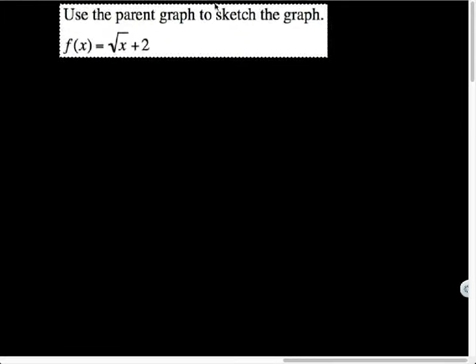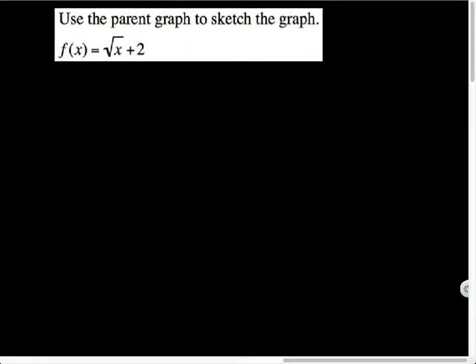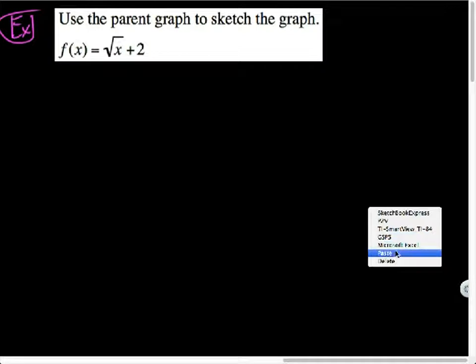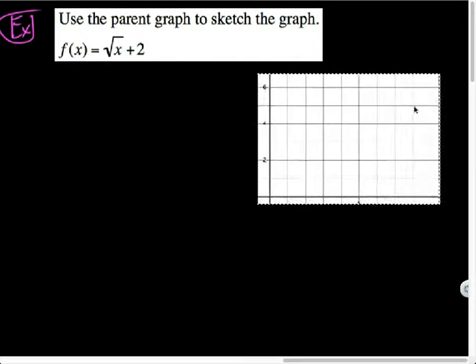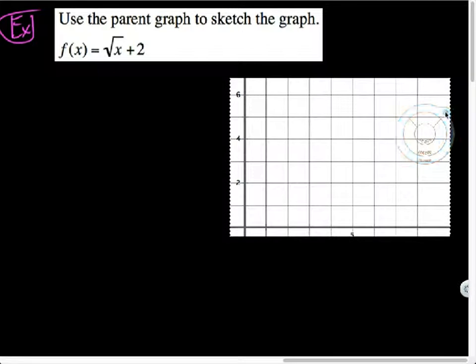Let's do this example. Use the parent graph to sketch the following. So let me make a little grid here. And let's see, the graph of the square root of x, I'm actually going to graph both the parent and the child at the same time.